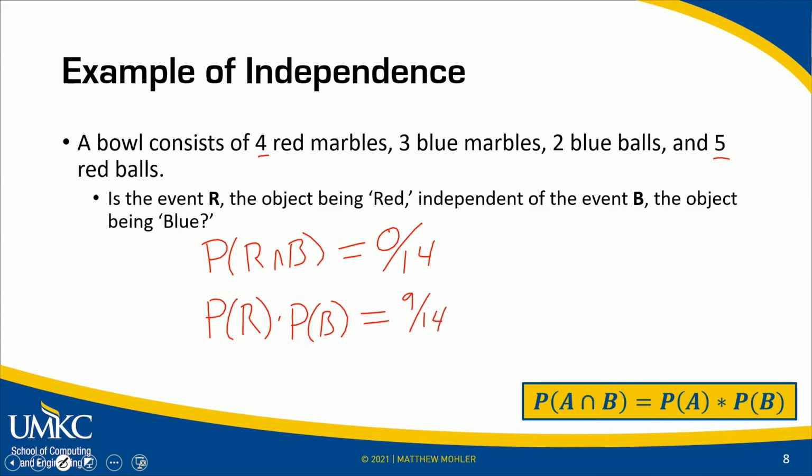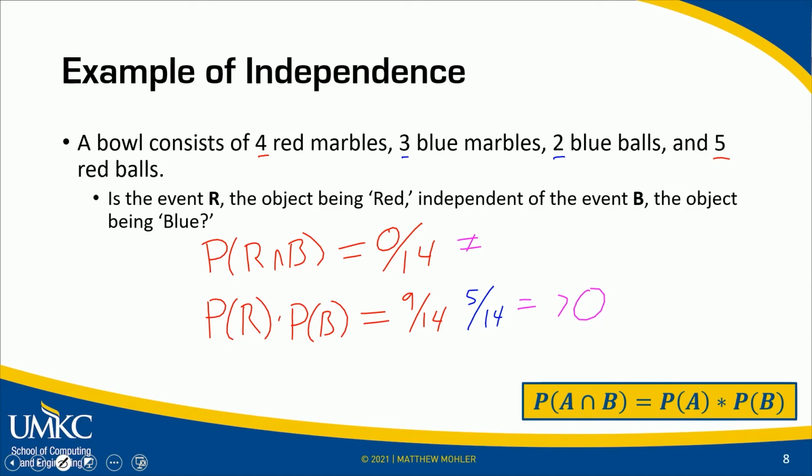And the probability of blue is going to be the 3 blue marbles plus the 2 blue balls, so 5 out of the 14 outcomes. And when we multiply this out, either way, we can look and say very quickly that these are something greater than 0, that it's not equal to 0 out of 14.